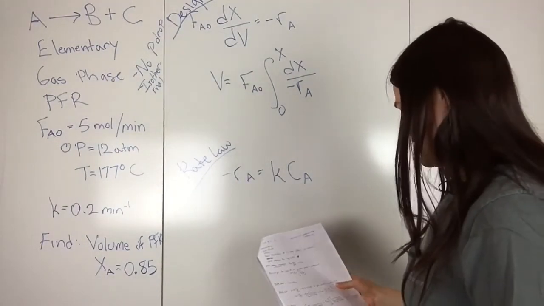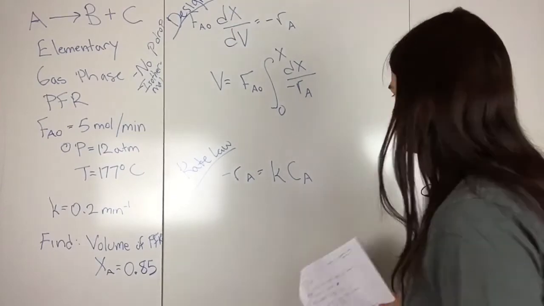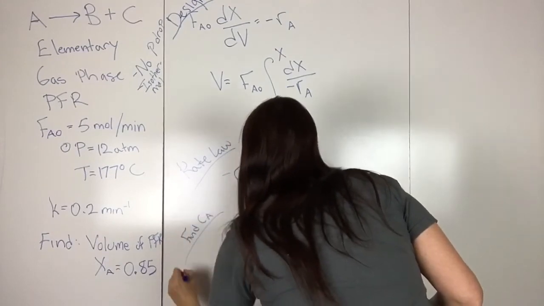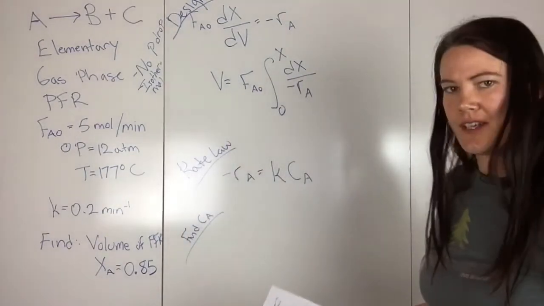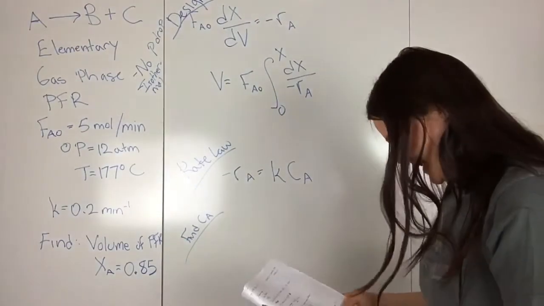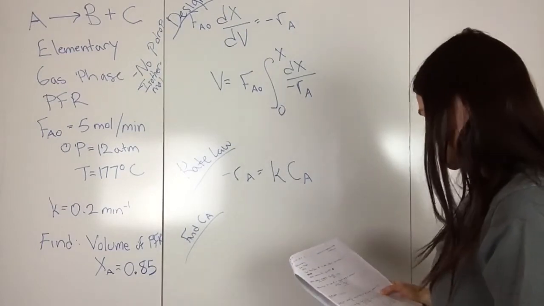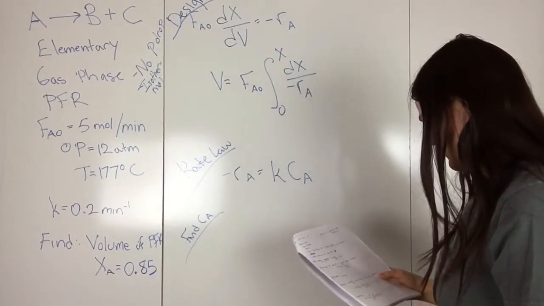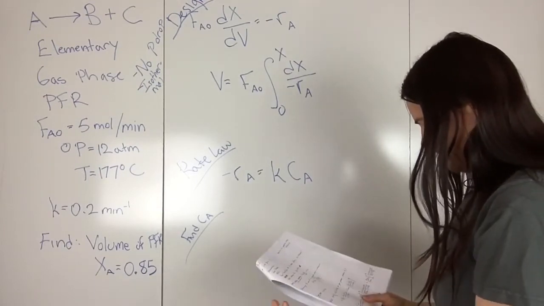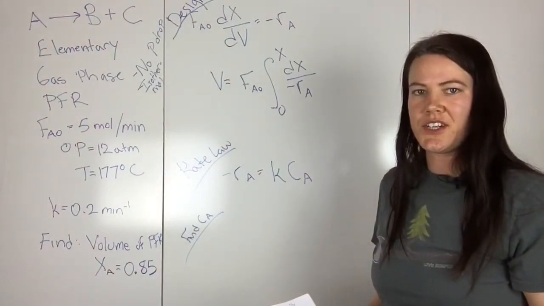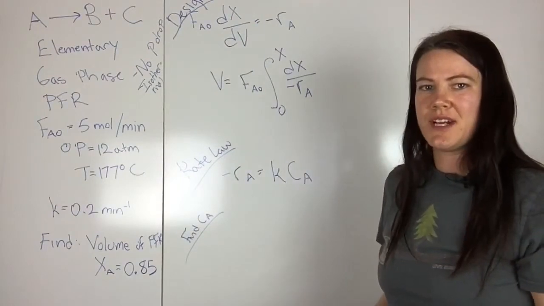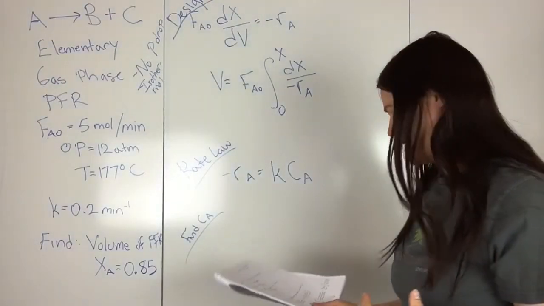And so then we need an equation to find the concentration of A. This is what you would get from the tables in chapter 3, and I think they're also in chapter 4 and chapter 5. Since this is gas phase, we need to use the concentration equations for gas phase. It's a good idea to understand where these equations came from, but for this I'm just going to copy it from the table.